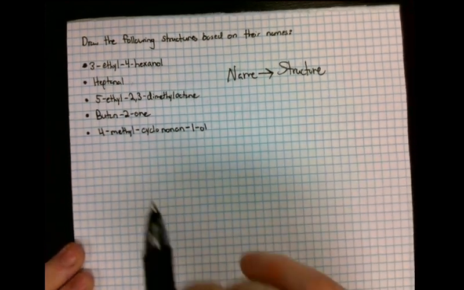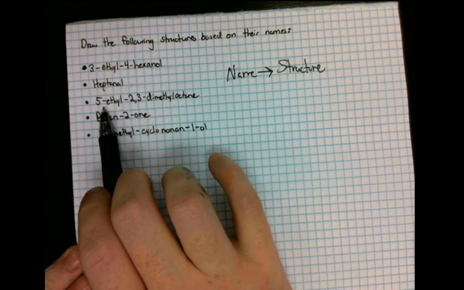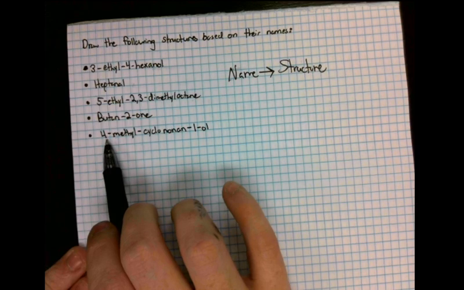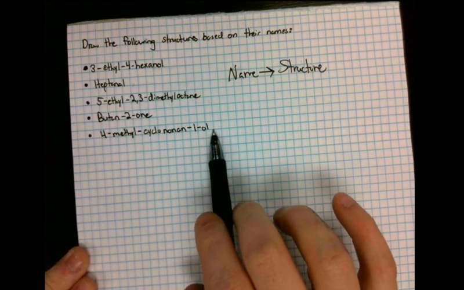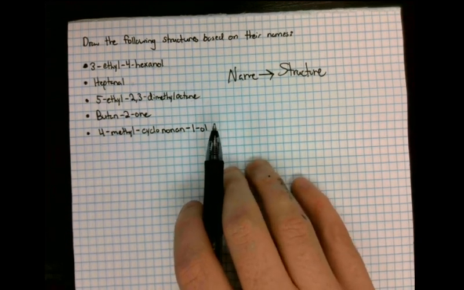So I've got 3-ethyl 4-hexanol, heptanal, 5-ethyl 2,3-dimethyl octane, butan-2-one, and 4-methyl cyclo non-an-1-ol. So I'm adding in another more difficult one, one that has cyclo in it that we didn't do.